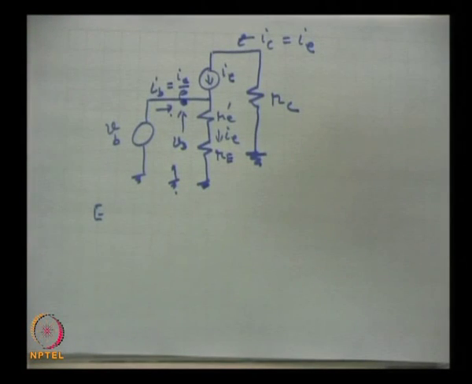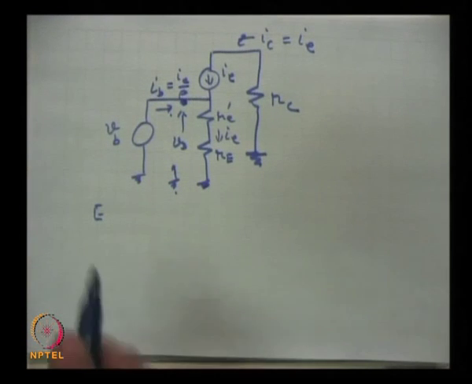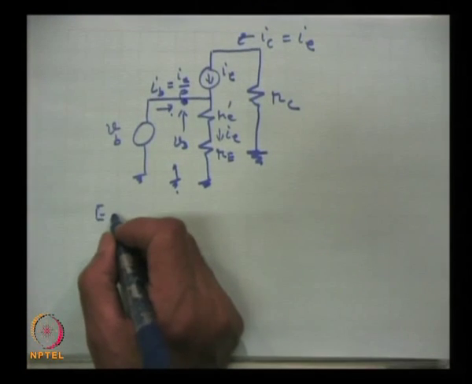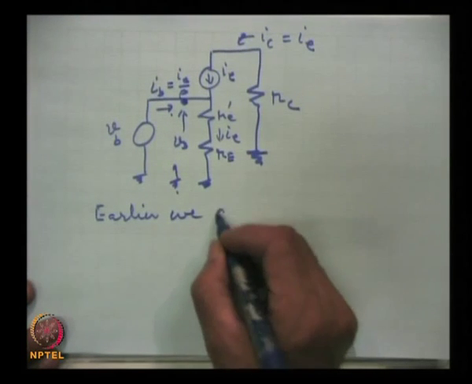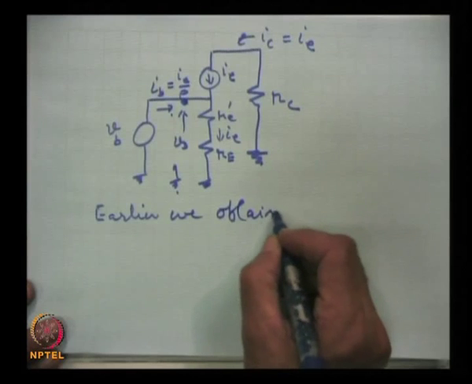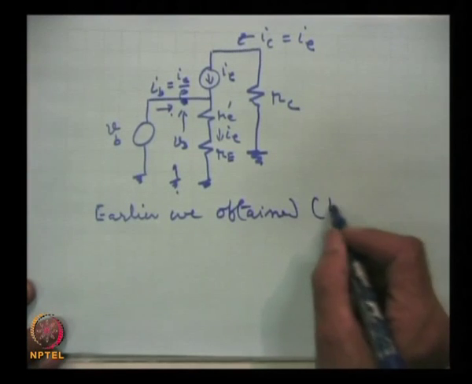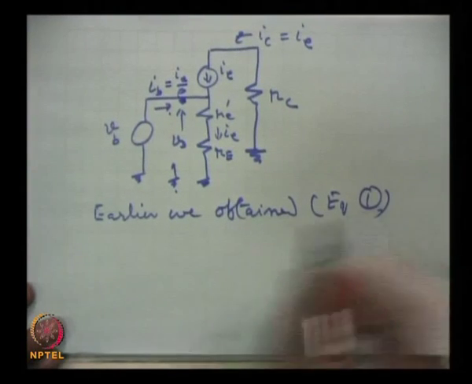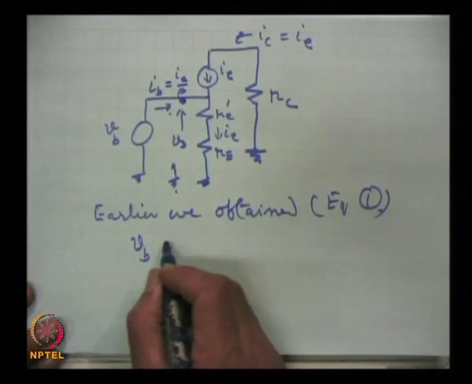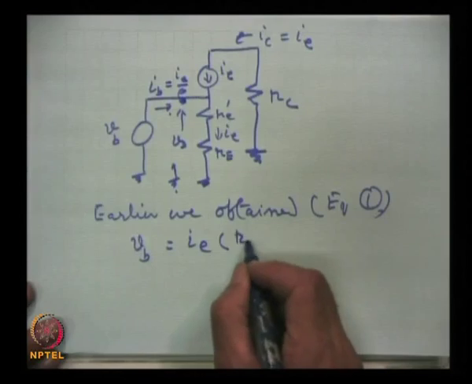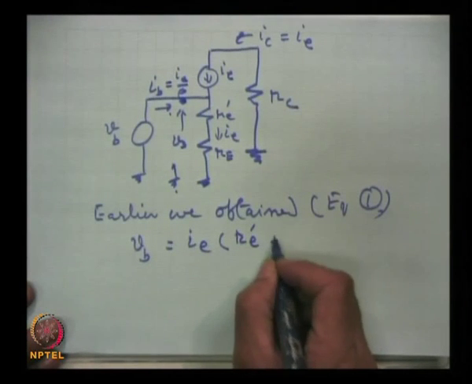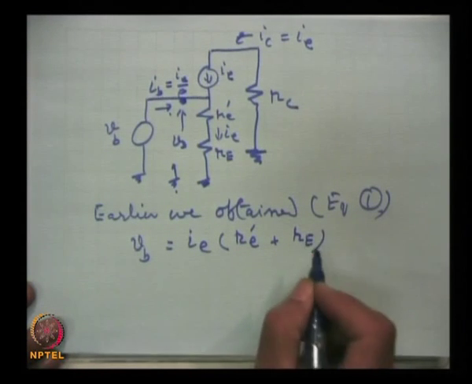So, this we are using, and earlier we obtained equation 1, V B equal to I E into R E prime plus R E.